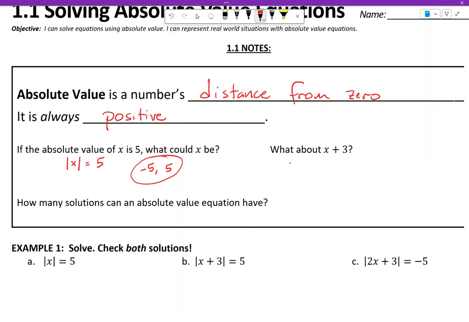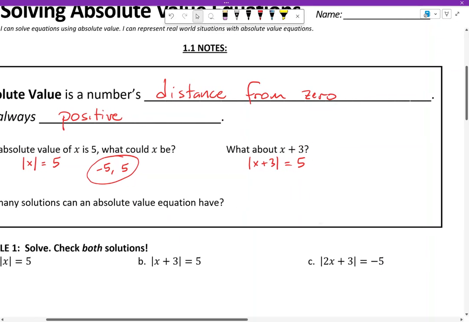Now what about x plus 3? The absolute value of x plus 3 equals 5. So we know that x plus 3 is 5 spaces away from 0. Well, I want this in the absolute value to be 5 or -5. We know that from this first example. So what I can do is think about those two situations.